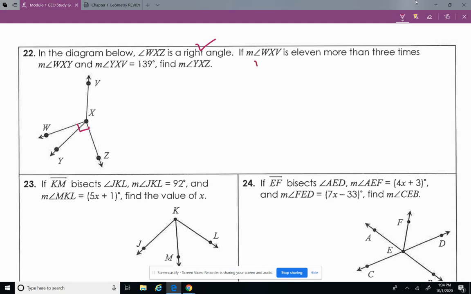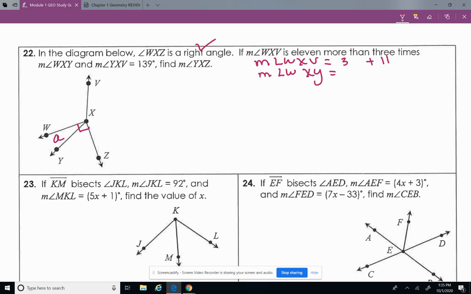okay, so the measure of angle WXV is 11 more than 3 times, okay, and now I got to go find something else out. I need to go find out what the measure of angle WXY is going to be. So WXY, I'm going to call that A. I usually use X, but I don't want to use X because they've already used it.